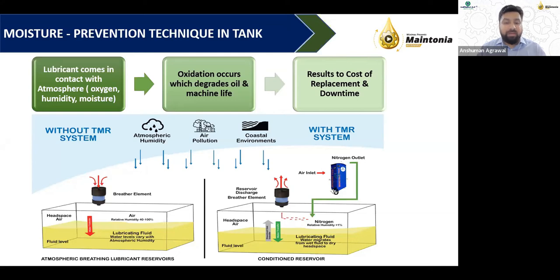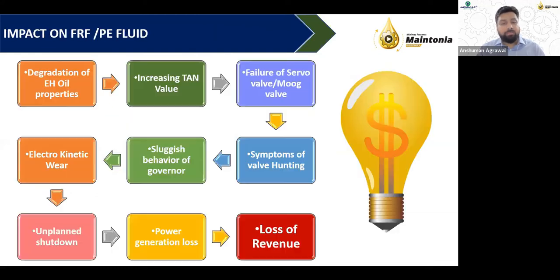And for the last 5 years, you won't believe, the moisture level inside that control system oil has not gone beyond 100 ppm. And 100 ppm for a hygroscopic oil is an extremely unbelievable level. So this is what this kind of system can do. It can do wonders for you.